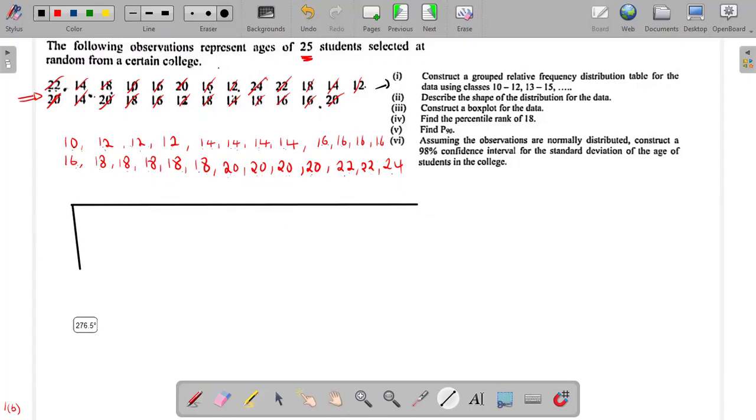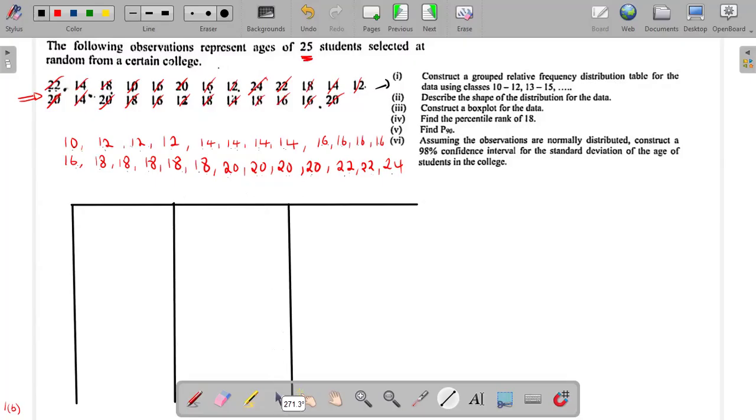I'll have my first column, the second column, the frequency. If you want, you can put the third there, but it's not necessary. And then I have the relative frequency there.